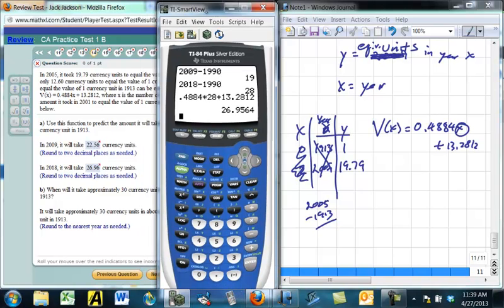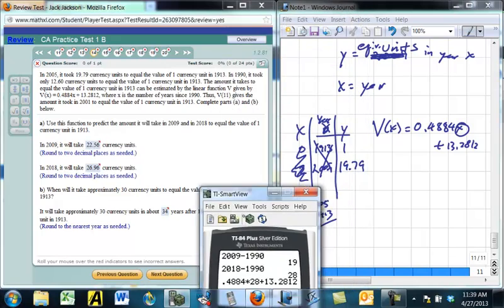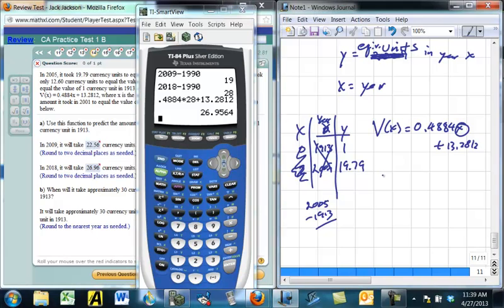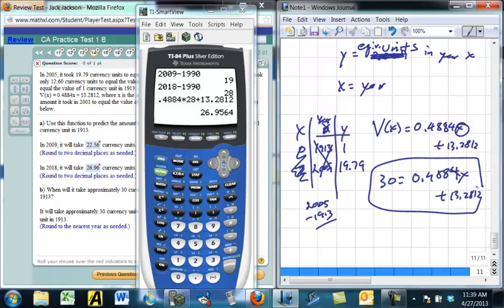Okay, when will you get approximately 30 currency units? In other words, now they've told us that this is 30 for the value or for the Y. So we have to solve this equation, which we can certainly do.